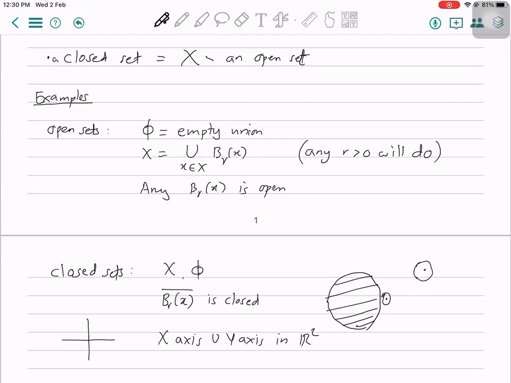Now, let us suppose I do the following. Suppose I delete one point from this set. Does the set remain closed?